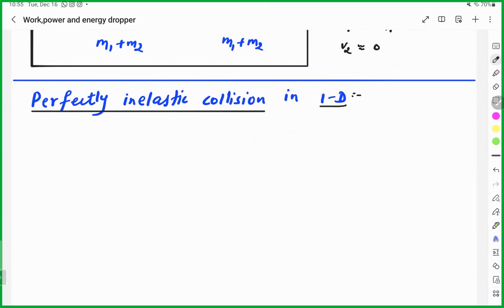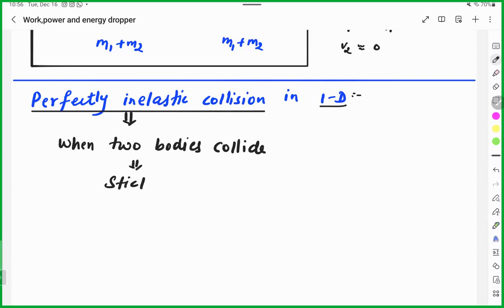So if anybody asks what is the perfectly inelastic collision, you will say: when two bodies collide and they stick together, both bodies stick together, and after that they move as a single body with common velocity.